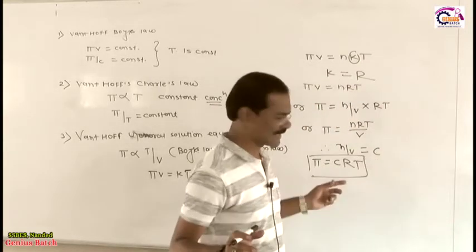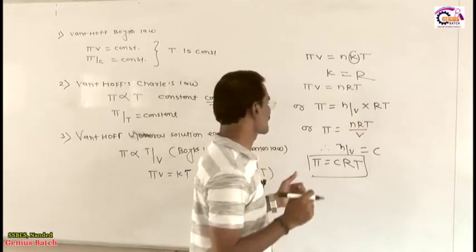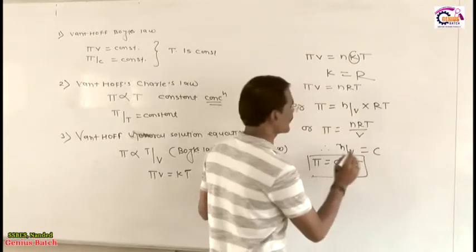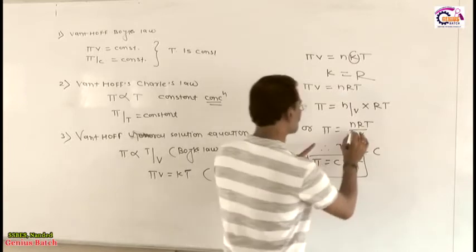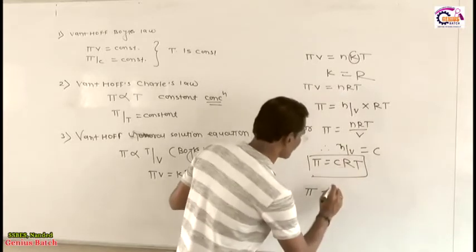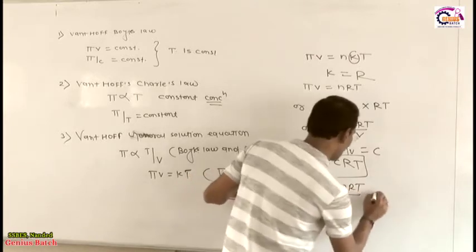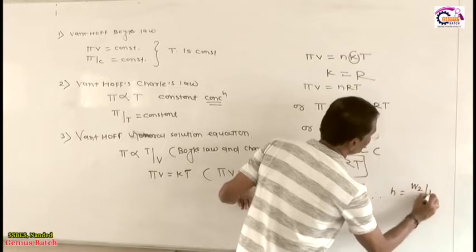Number of moles divided by volume of solution, n by V, so π is equal to nRT by V. You know very well, n is equal to W2 divided by M2.